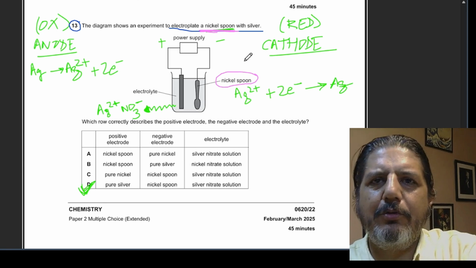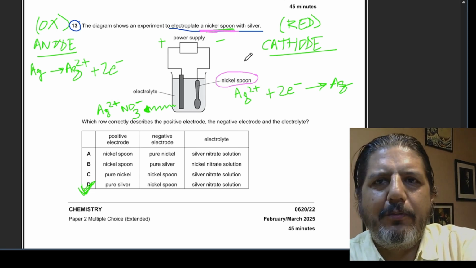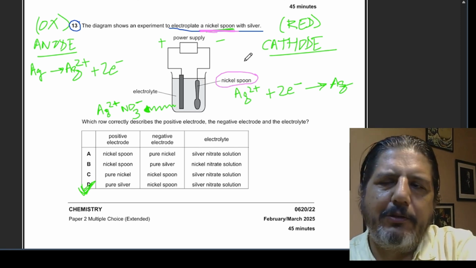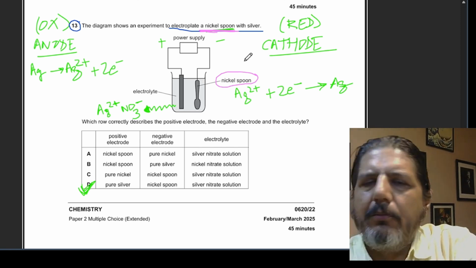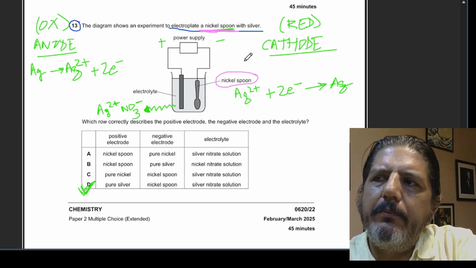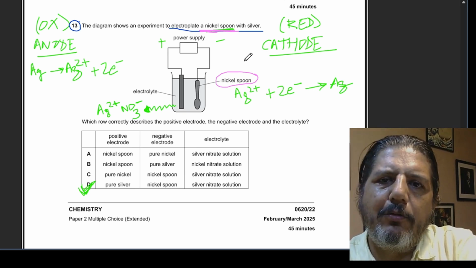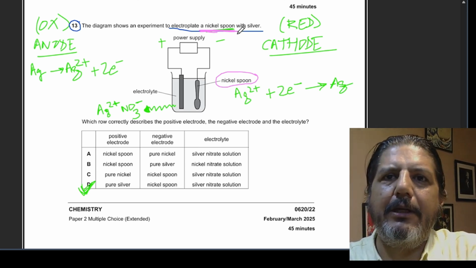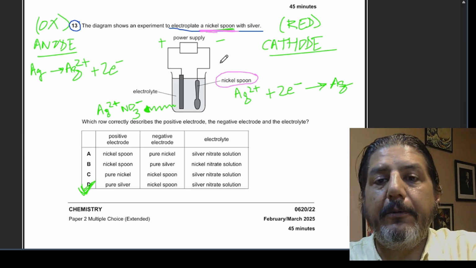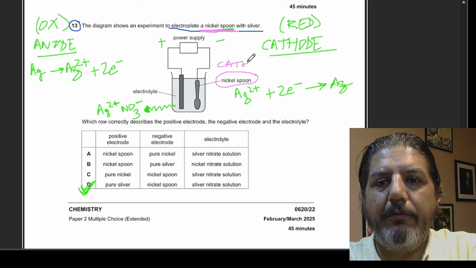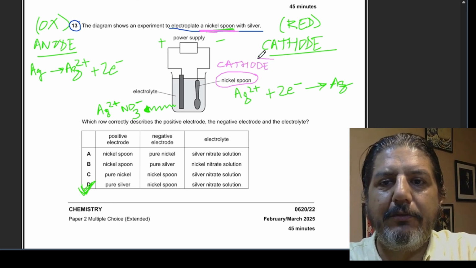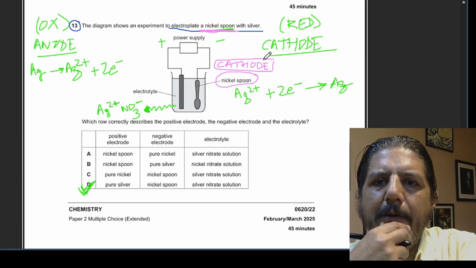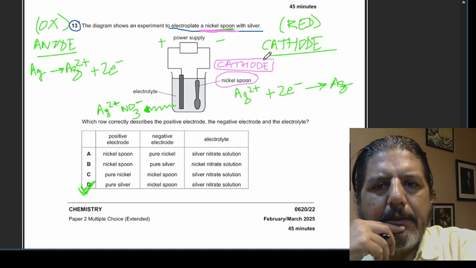So whatever you want to be electroplated, you want a spoon to be electroplated, you want a cup, tray, glass tray to be electroplated, you want a bike rim to be electroplated, any product that needs to be electroplated should be the right side, the negative electrode, the cathode. So always remember that.